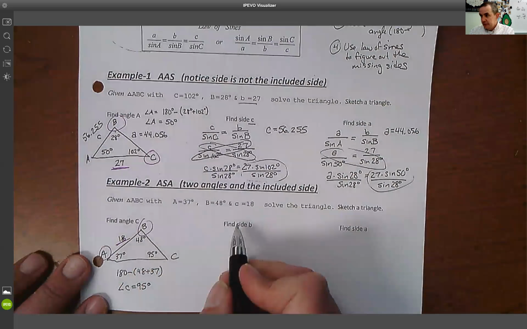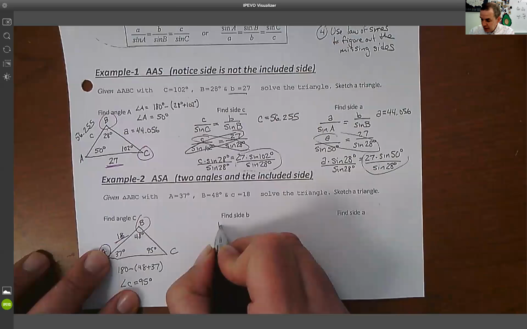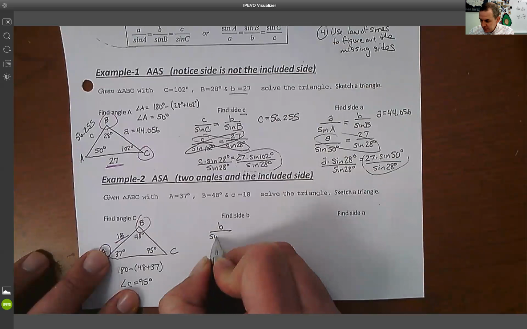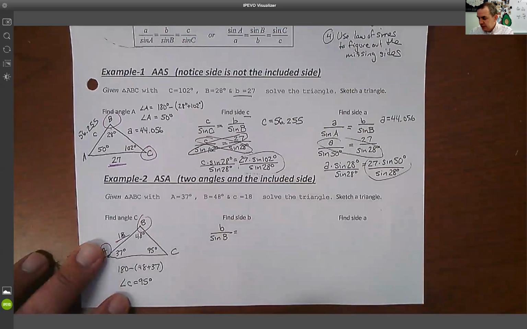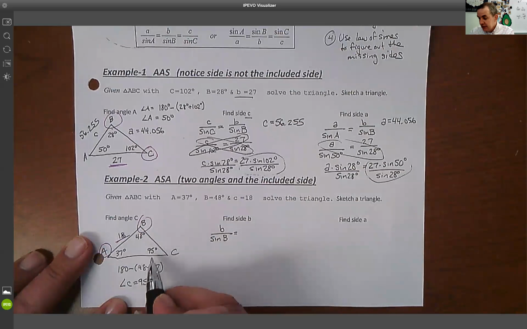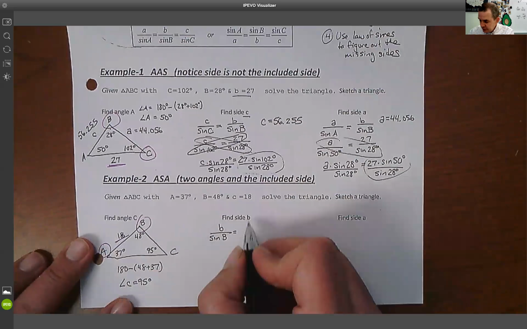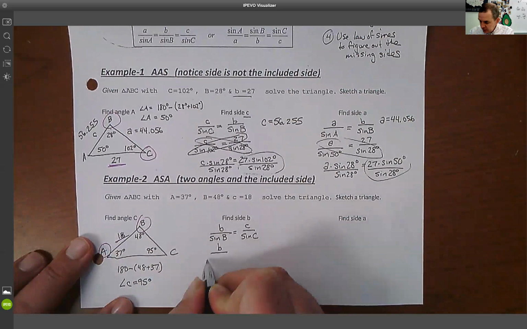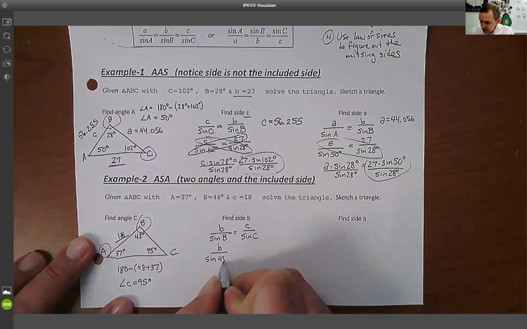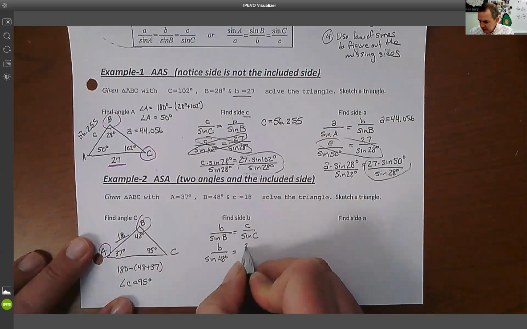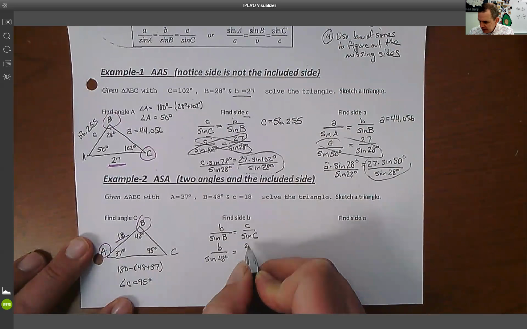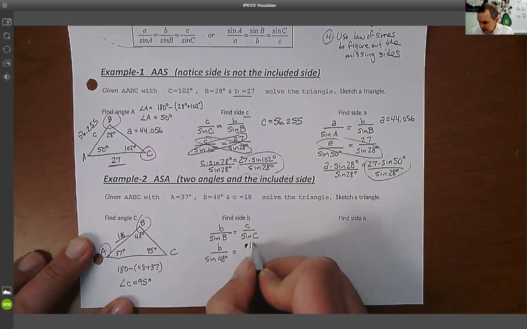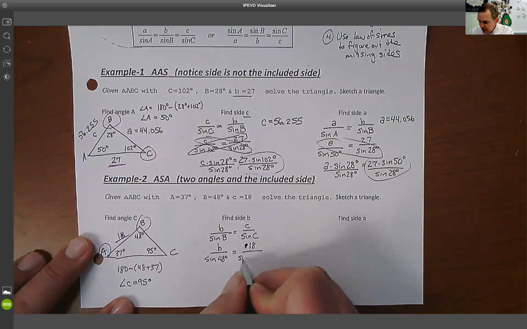For side B, I'm still going to say, well, I need to know side B. So I'm going to do B over sine B equals, well, in this case, I'm given C, and I just figured out angle C. So I'm going to say C over sine C. So B over sine 48 equals 27, is it 27? No, 18, sorry, wrong problem. Look at the one above. 18 over sine 95.